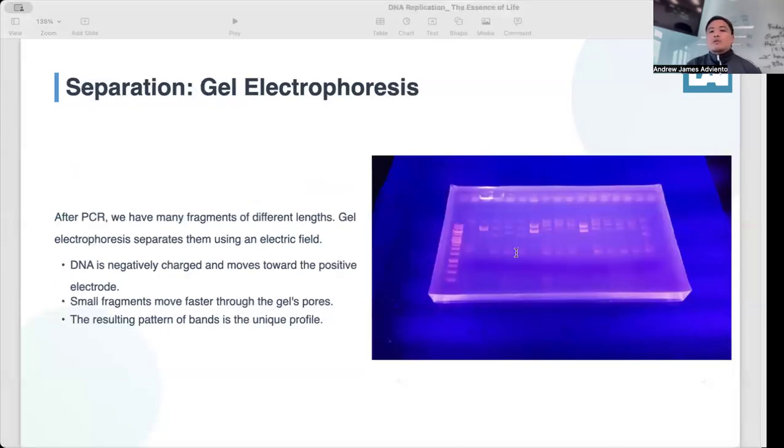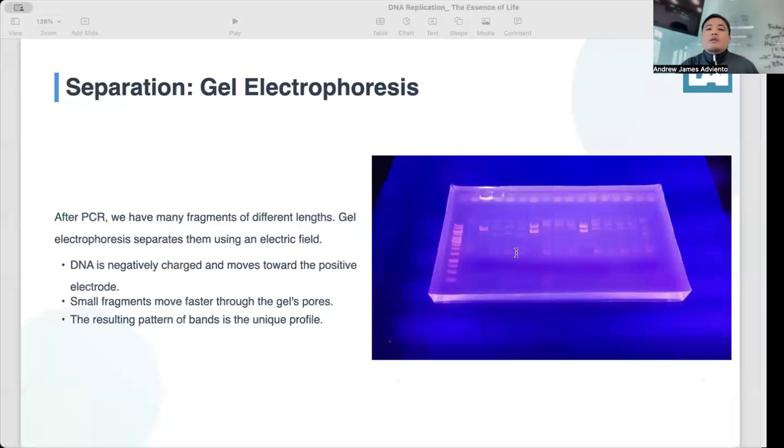So now we have a tube full of DNA copies, but they are all mixed together. We need to sort them by size to see how many repeats are in each fragment. So we use gel electrophoresis for this. So DNA has a negative charge.